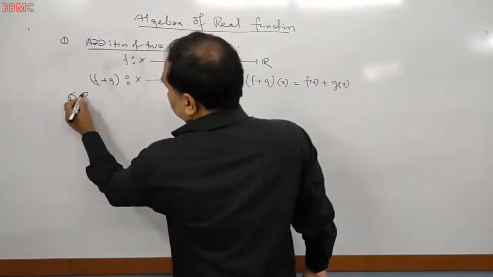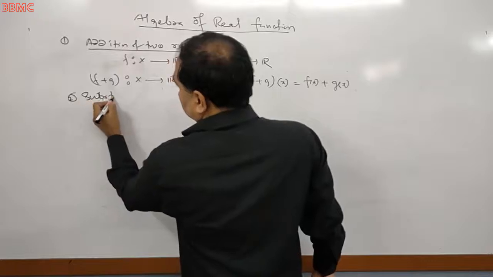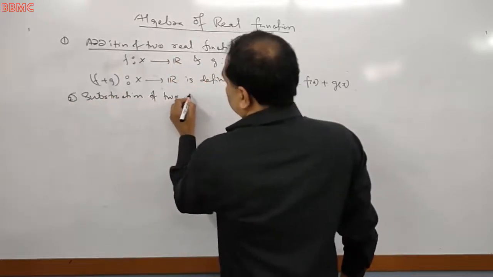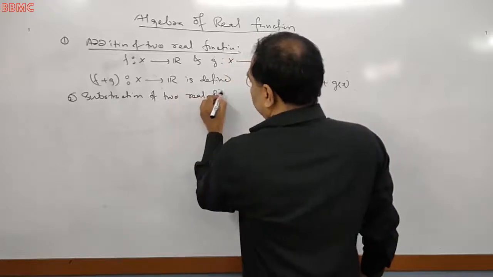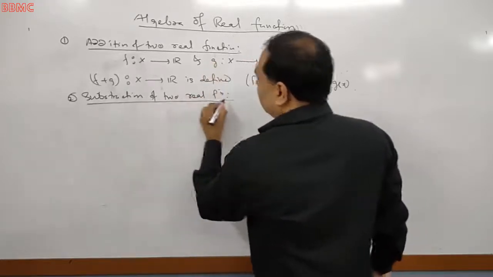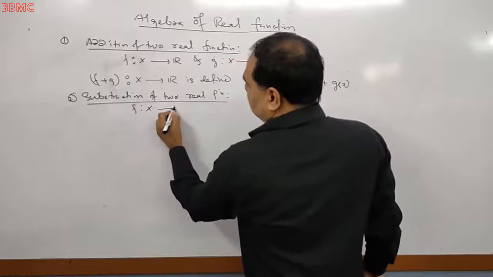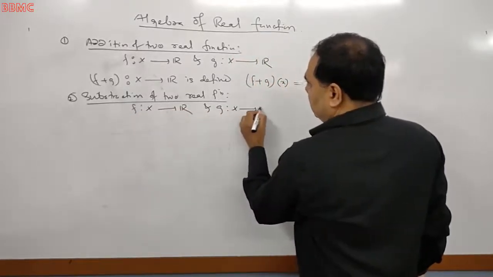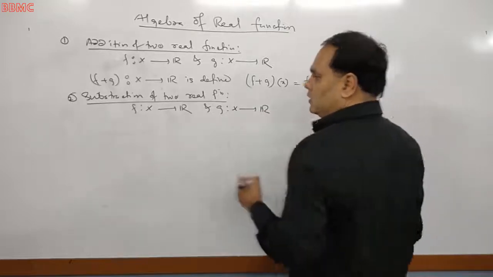Again, number two, subtraction of two real functions. Same, let f be a function from X to R and g a function from X to R, be any two real functions.